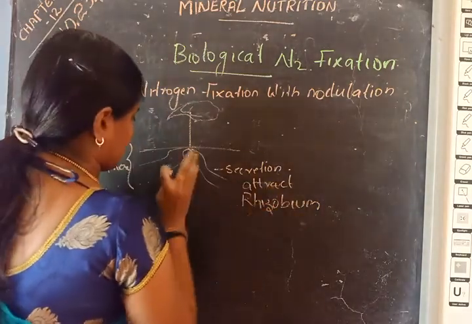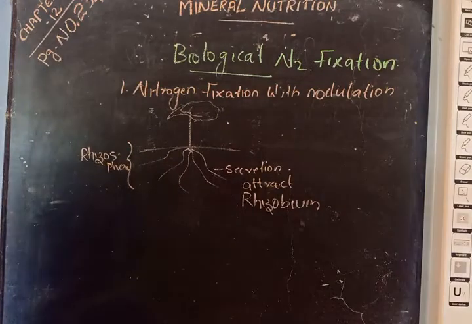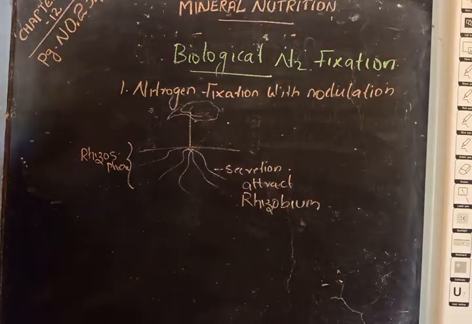So the Rhizobium reaches the rhizosphere, enters into the root hair, infects the hair and leads to curling of root hairs.